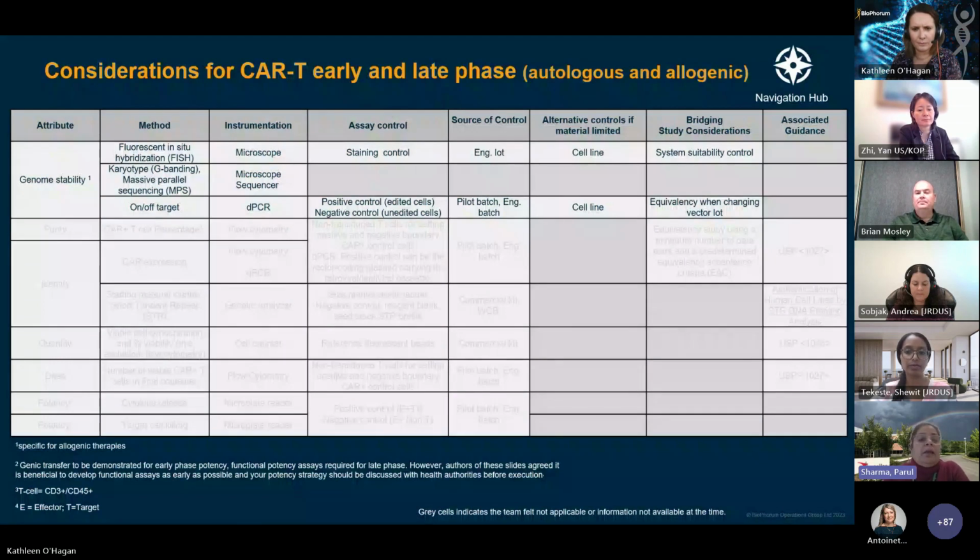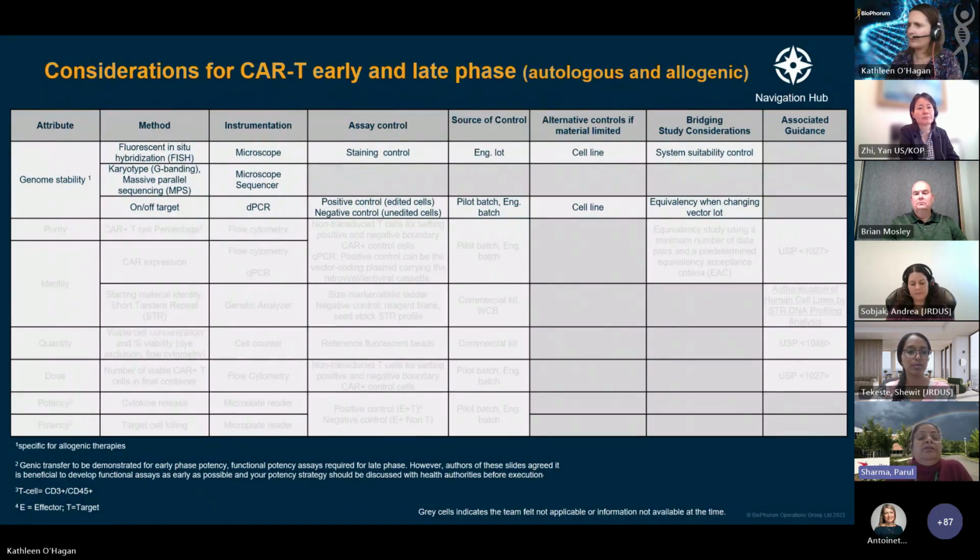Then we have karyotype, where the entire 23 chromosome pairs of the cell are profiled, and this gives more overview of the cell health and any large genetic changes at the macro level, that is changes in chromosome number or translocations or shape or structure of the chromosome itself.